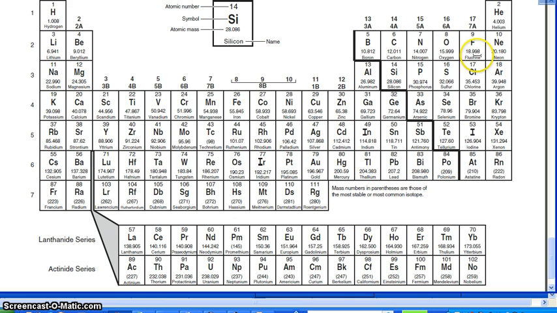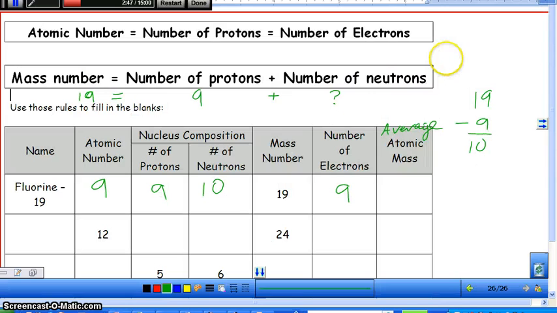That's the average mass of all the fluorine in the world. So there's a lot of fluorine-19 with just a little bit of fluorine-18 pulling that average down. So our average mass is 18.998. And that's really all there is to it.